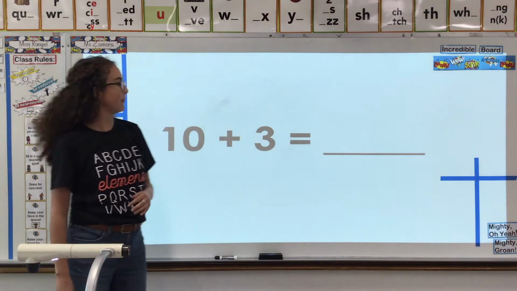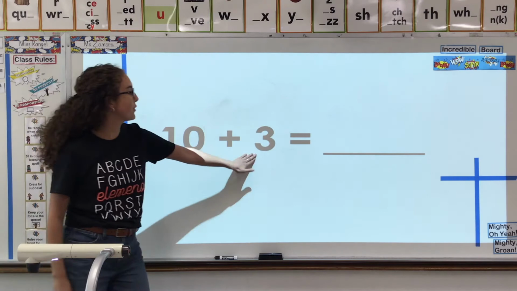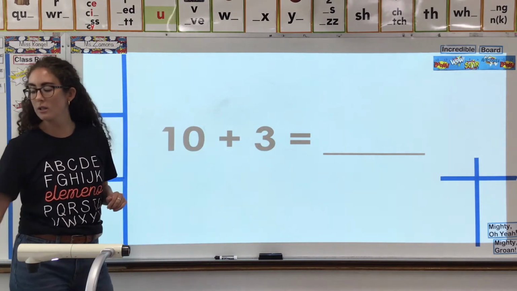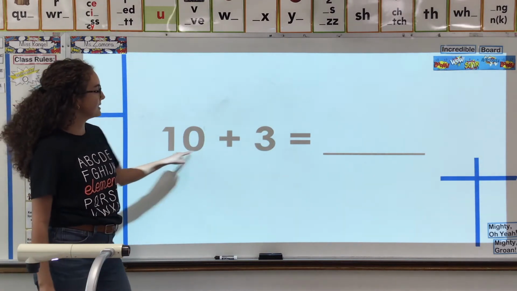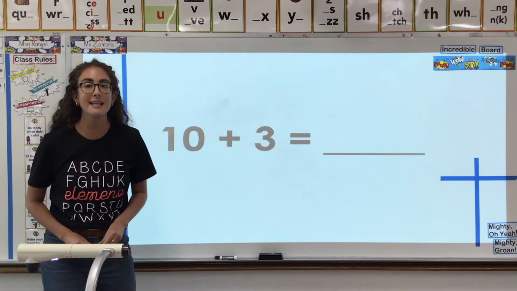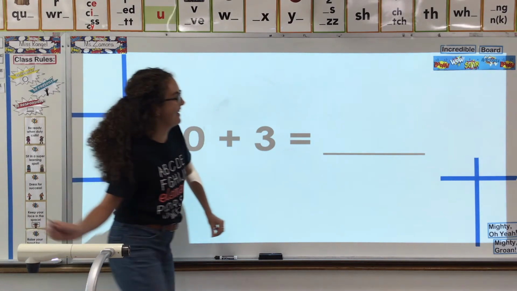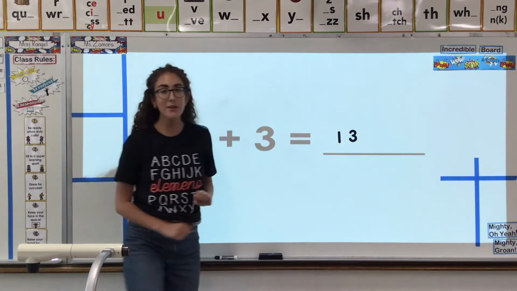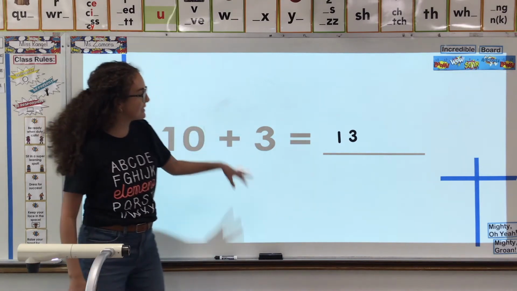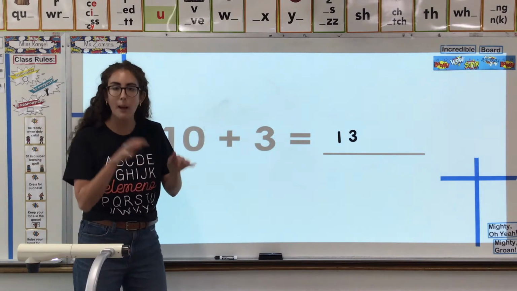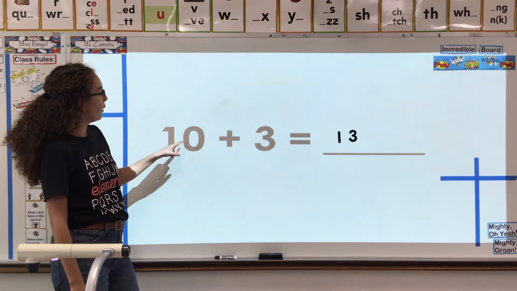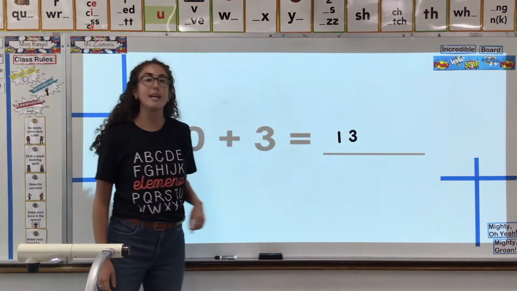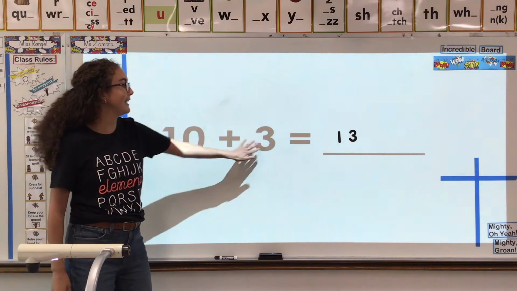Okay, first up, 10 plus 3 equals... 10, 3 is 13. I know my magnets are a little smaller than the other numbers, but it still works. 10 plus 3 equals 13.